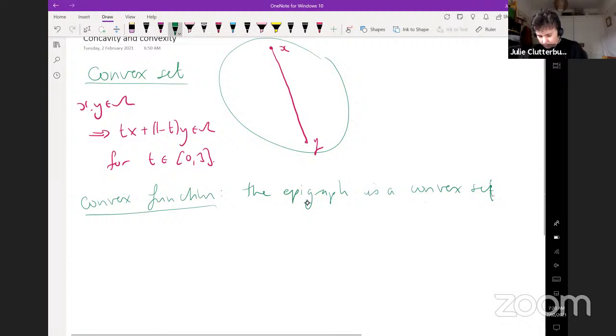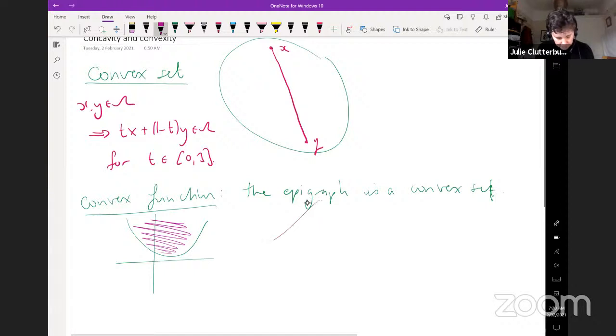So for a function of one variable, it'll be like that. But I'm really not going to be paying very much attention to regularity here, assuming that everything is quite smooth.